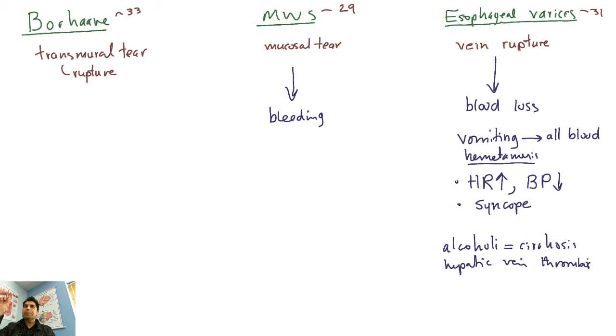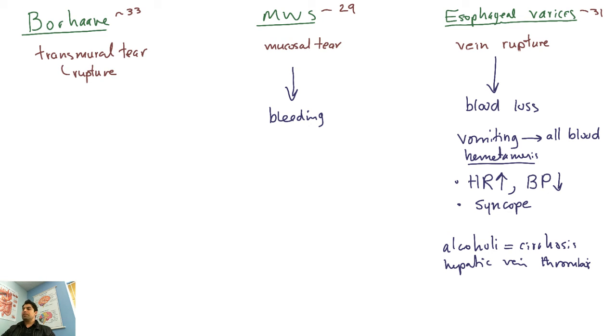But Mallory-Weiss is tiny bleeding, not a lot. When they vomit, the vomit might be tinged with slight streaks of blood compared to all blood. Huge difference. Don't confuse those two. Mallory-Weiss is simply a small tear in the lower esophagus, so when you vomit, the vomit will be covered with tinges or streaks of blood.